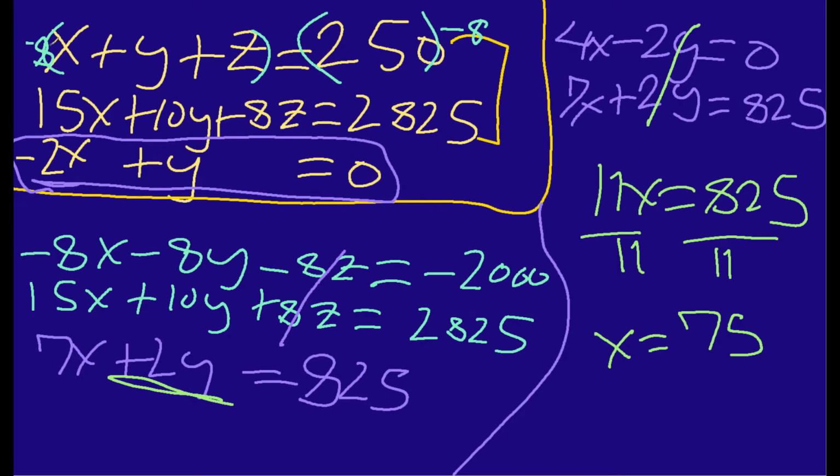So, having said that, why don't we wrap this up now? We know what x is. So if you look back here, we're going to use this equation right here, and we're going to plug in x, which is 75, to find out what y is. So let's do it. So remember our original equation here was negative 2x plus y equals 0.